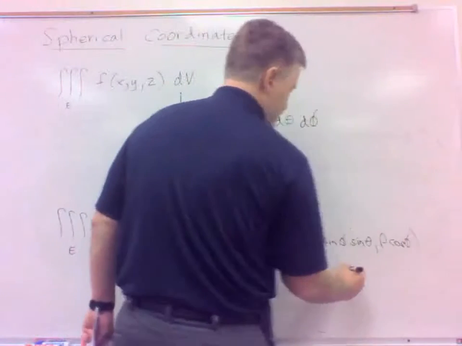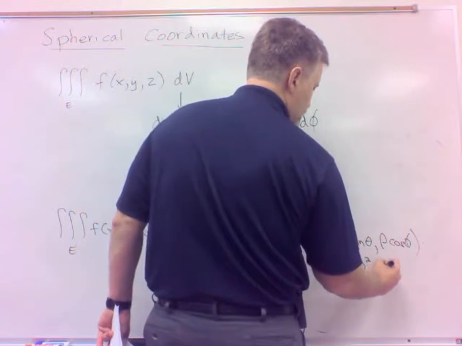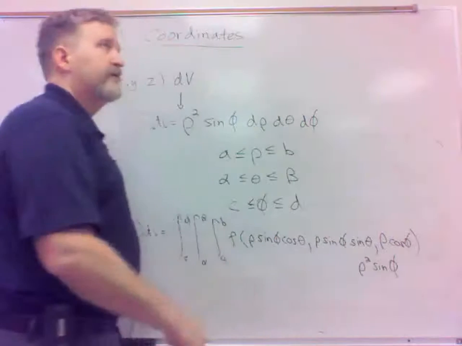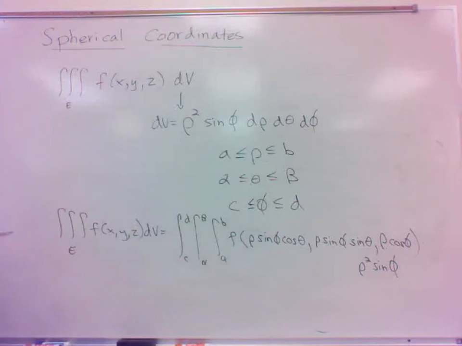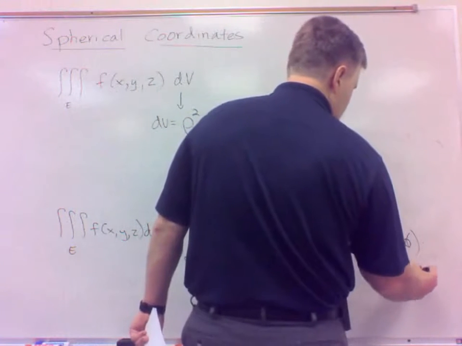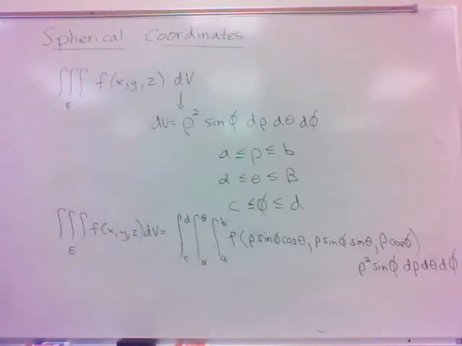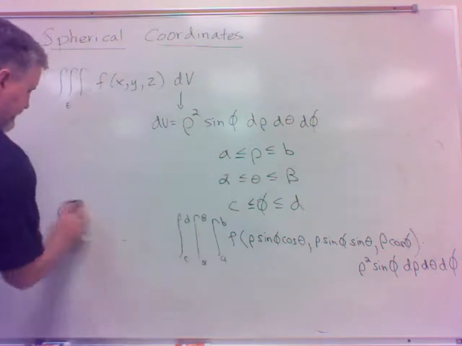And then you have times rho squared sine of phi, just like in cylindrical, we add the r with our dr and d theta. d rho, d theta, d phi. That's the order we try to do those. Okay? All right. So it looks pretty bad, but usually it's not too bad. So let's do one here for this.